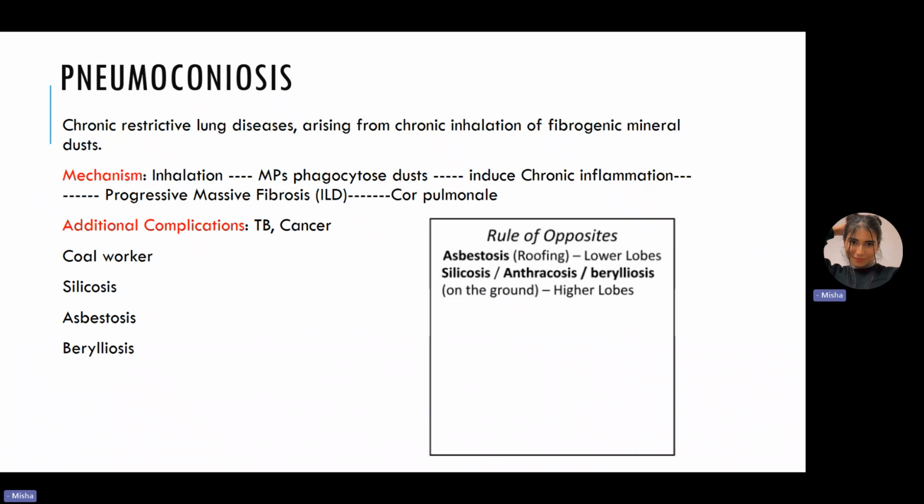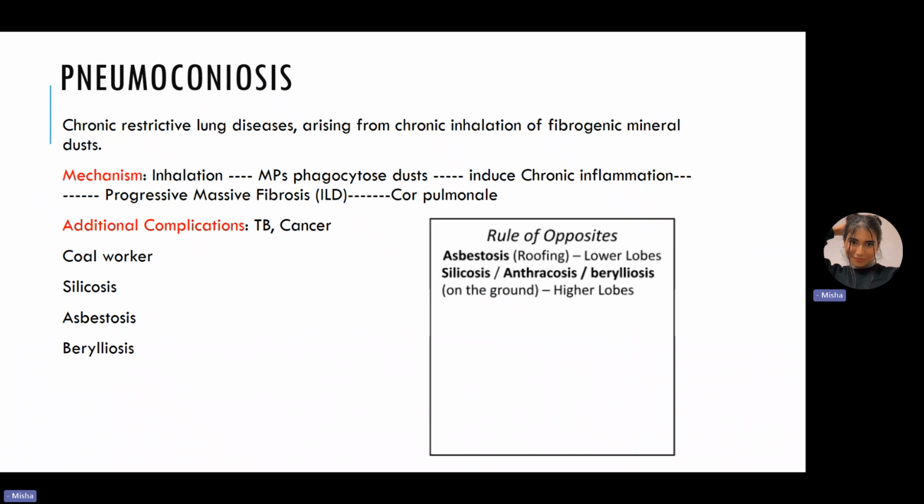It irritates the pleura, causes effusion, diffuse fibrosis, pleural plaques, and a honeycomb appearance. And please remember, saying asbestosis alone doesn't mean anything. What is causing asbestosis? It's the asbestos bodies, which are seen in biopsy. We have these golden brown fibers covered by iron-containing protein in a tennis racket appearance.